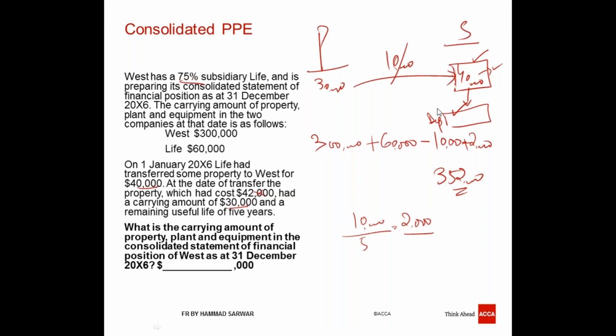Why didn't we use 42,000? 42,000 is the historic cost of the asset. So whenever there is a transfer or disposal of a non-current asset, we always have to take the current fair value and the carrying amount rather than the historic cost.